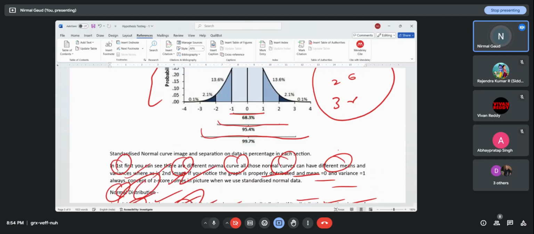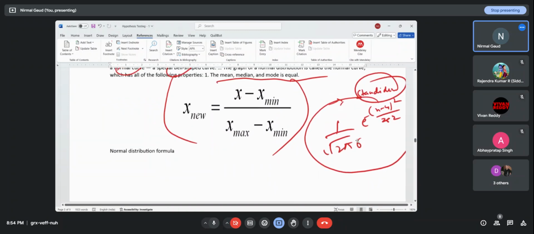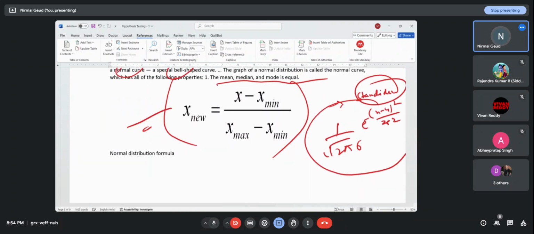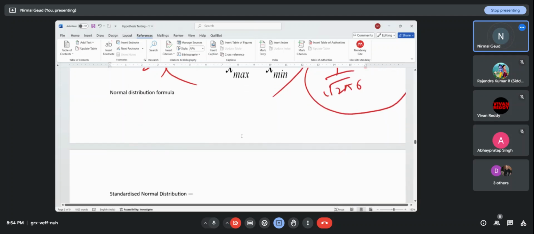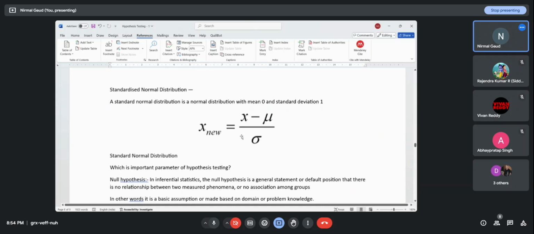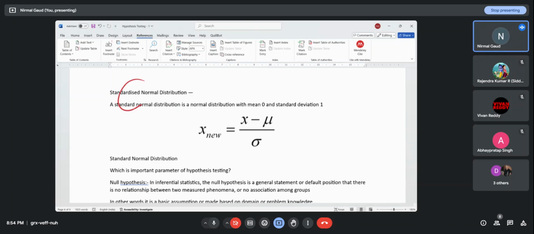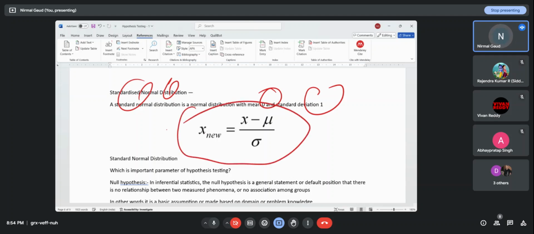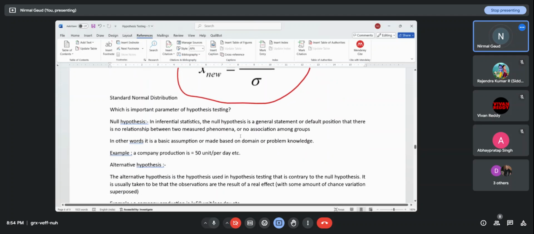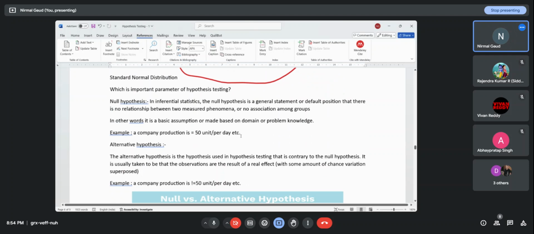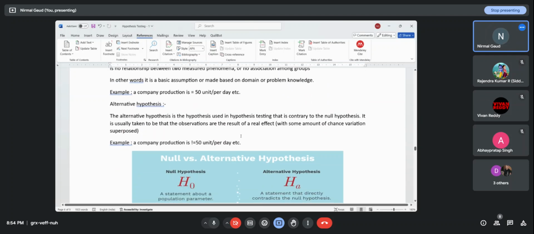This is the formula for normal distribution, and this is for standardization, standard scalar. This is the standardized normal distribution, where mean is 0, standard deviation is 1. This is how we are going to calculate the new value, x new. So that's about normal distribution.